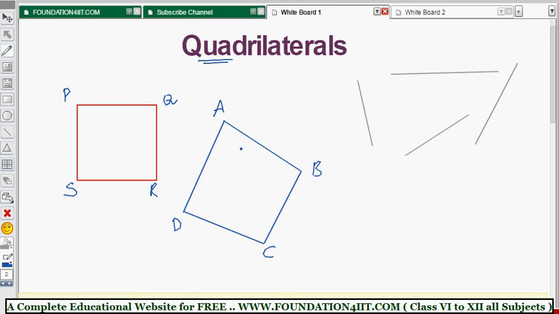First of all, quadrilateral. It is a closed figure. For example, if you take ABCD as a quadrilateral, it has four vertices, and PQRS is a quadrilateral, it has four vertices. So every quadrilateral has four vertices and four sides.